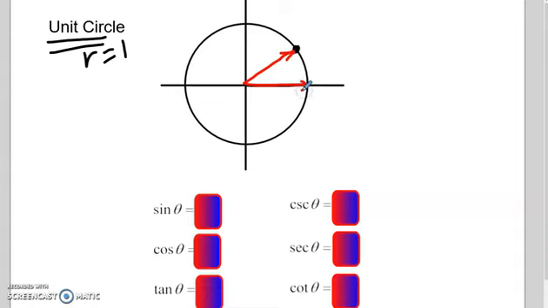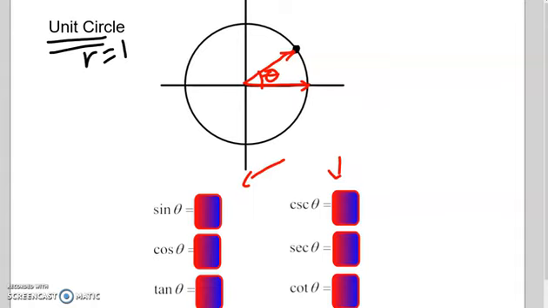Okay, so we're just going to deal with acute angles first. So in this situation then, what I can say is this angle here is my theta. Now, I want to go a little bit further. I want to find what is the trig ratio for that angle there.